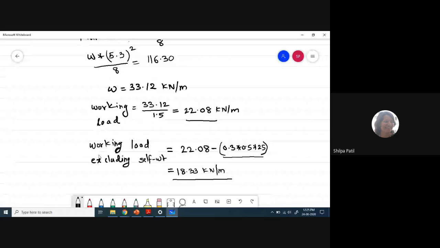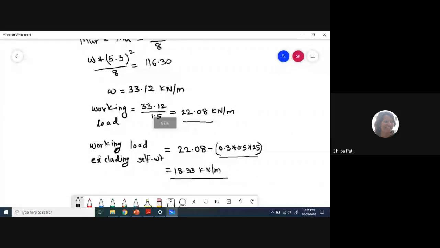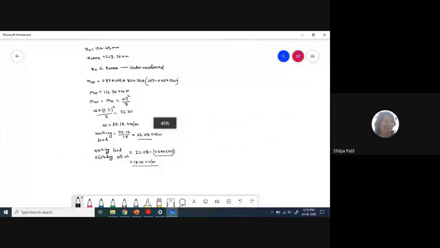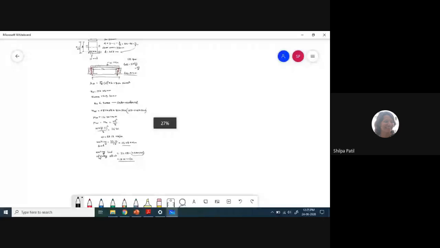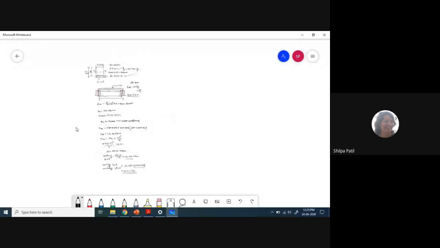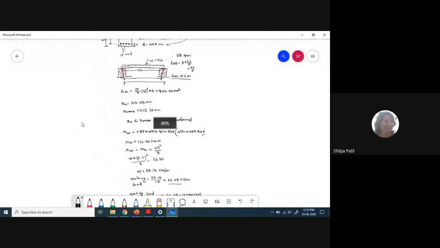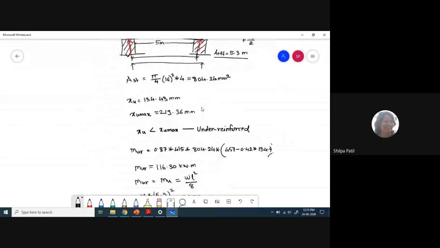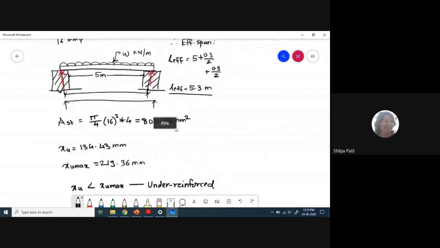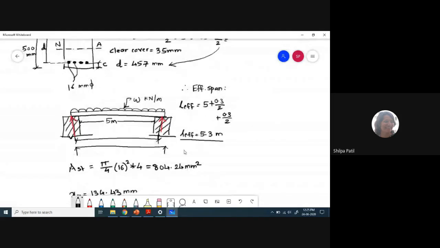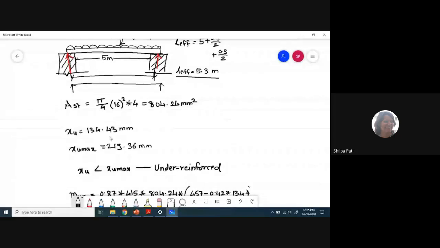Is it clear? So what we have done here in this problem? I will simply repeat again. We have calculated first the moment of resistance. For that we have calculated the depth of neutral axis XU, then we compared it with XU max.